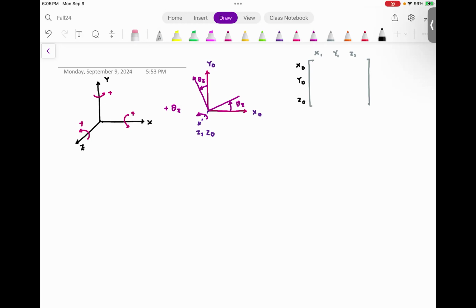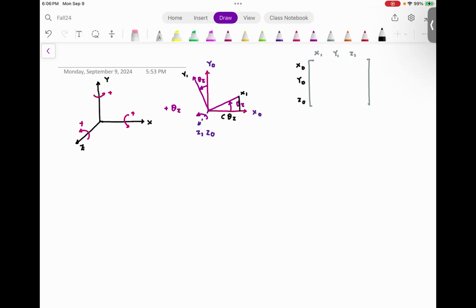To find the projection, please understand the projection of x1. This is x1, this is y1. So the projection of x1 onto x0: it's a unit vector, which means magnitude is 1, so 1 multiplied by cosine theta z. So this will become cosine theta z.